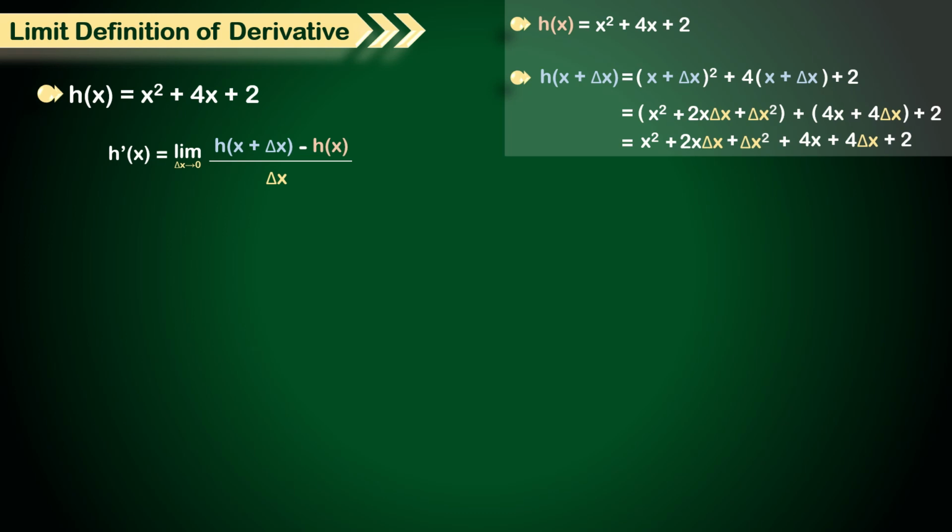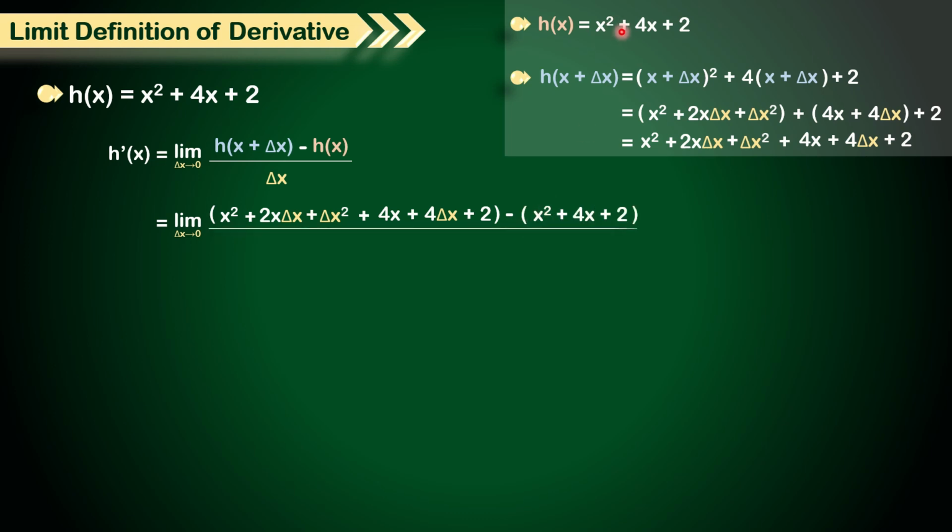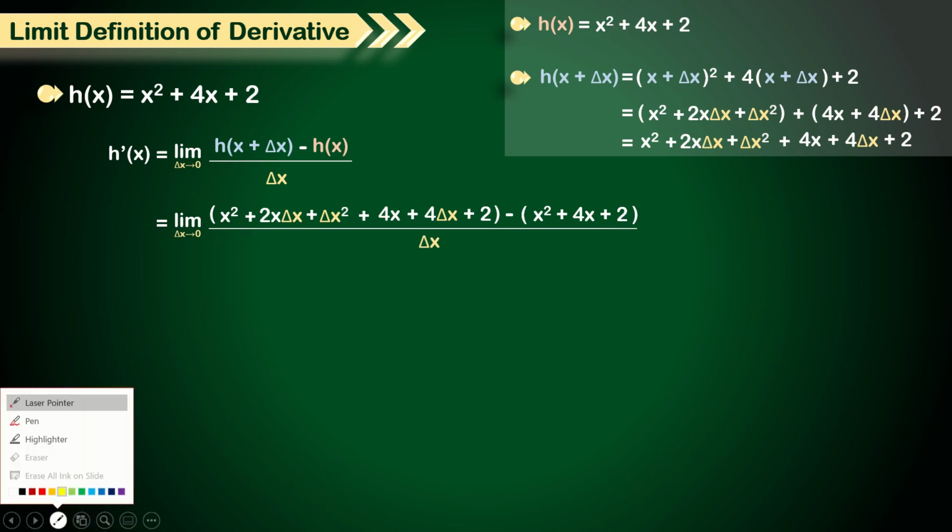Substitute h of x plus delta x and h of x. The limit of h of x plus delta x, which is x squared plus 2x delta x plus delta x squared plus 4x plus 4 delta x plus 2, minus h of x, which is x squared plus 4x plus 2, all over delta x as delta x approaches 0.